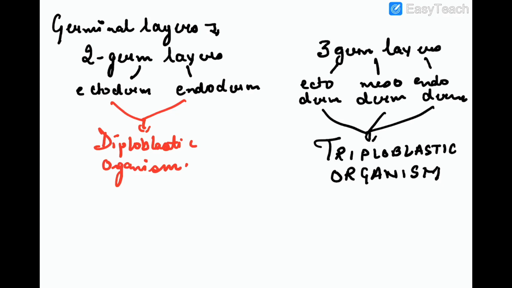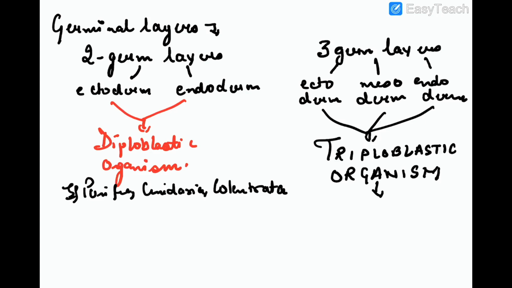Example of diploblastic organisms are Porifera, Cnidaria, Coelenterata. Whereas example of triploblastic organisms are Platyhelminthes to Chordata.